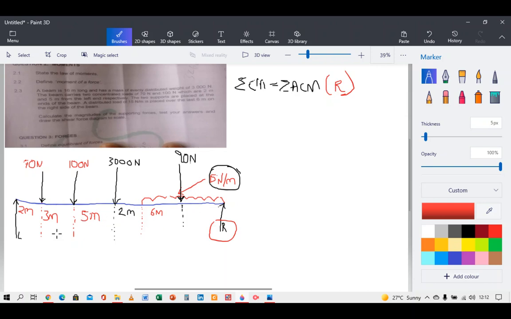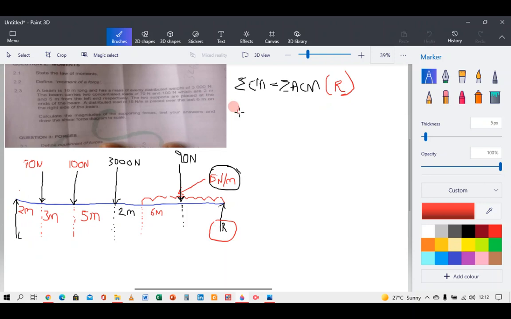As we can see from our diagram, the force going in the clockwise direction is only L, this one, L only, you see, as it pushes up, it makes this beam rotate in a clockwise direction, you understand?